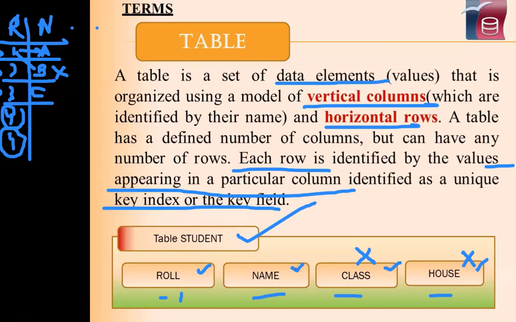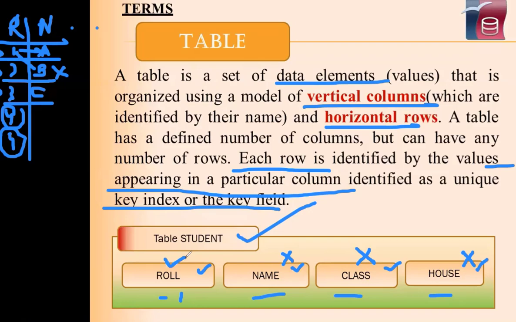So what can be kept as the key field? Either the roll number or the name. Out of these two, I find that name also should be disqualified as the key field because there can be a number of students with the same name. So only roll number qualifies as one of the key fields.